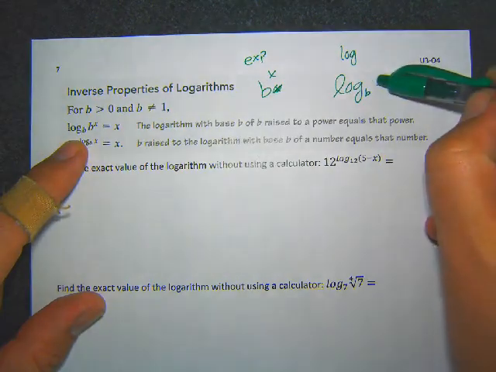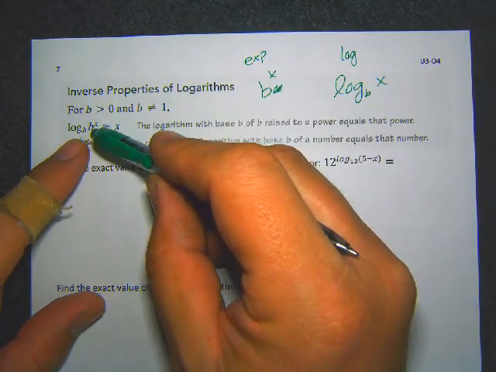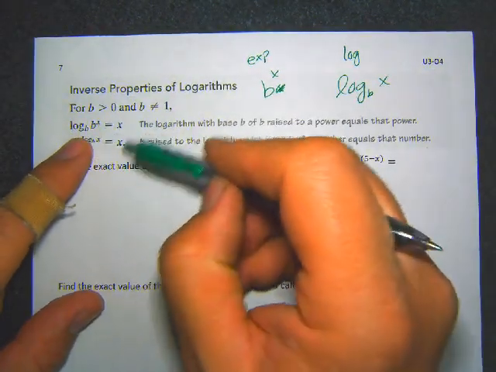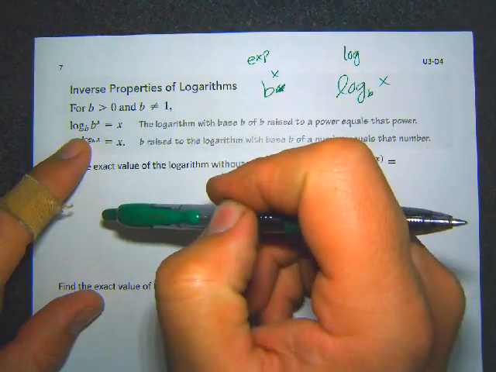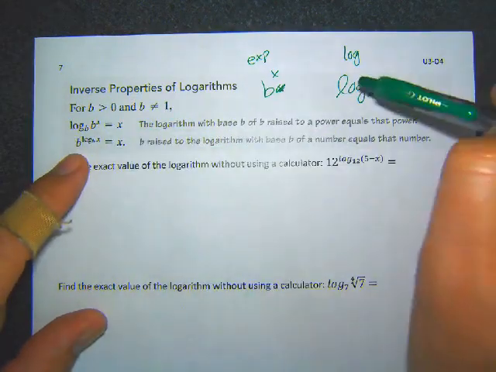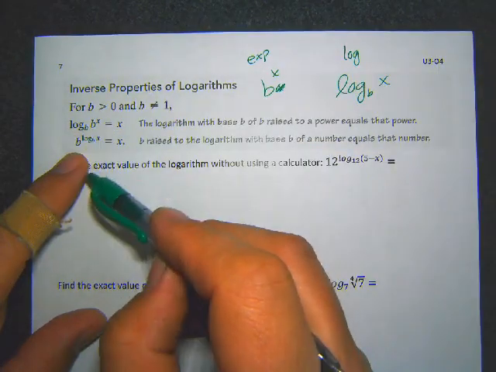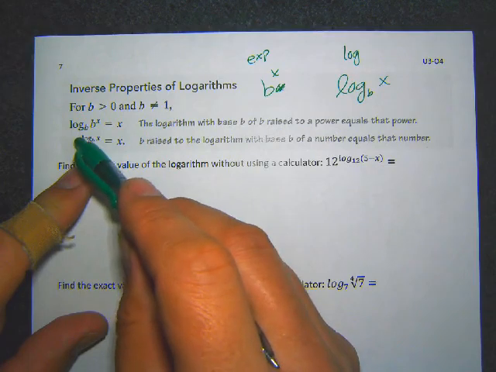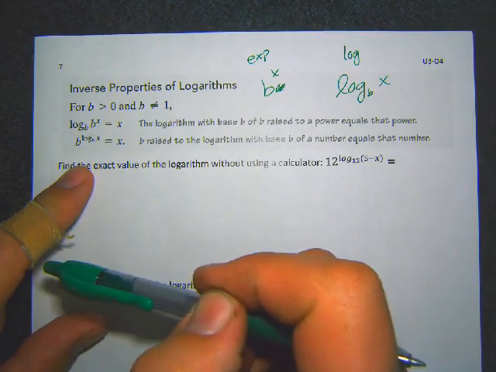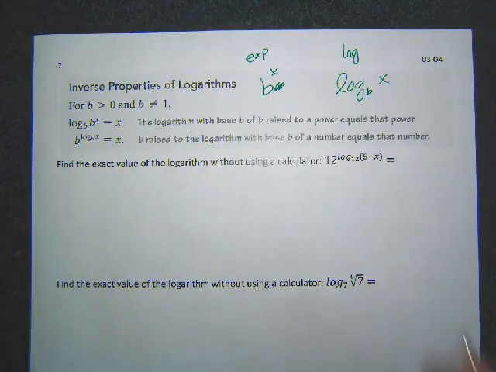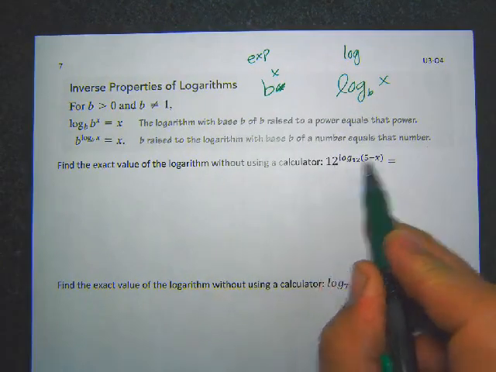You replace the x with b to the x. Well, then the log base b and the b cancel, and you're just left with the x. You're just left with the power. Vice versa, if you take this log function and put it in the power, so you get b to the log base b of x, those are inverse functions, and they just cancel, and you just get the x. That means with an expression like this, we have 12 to a power.